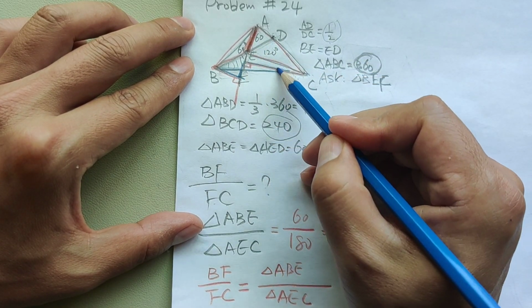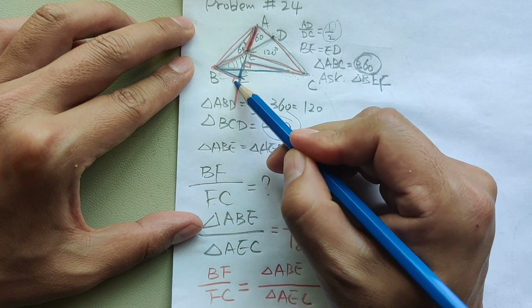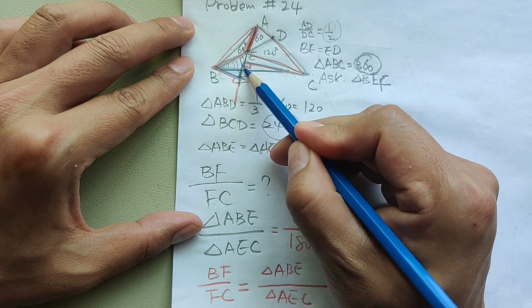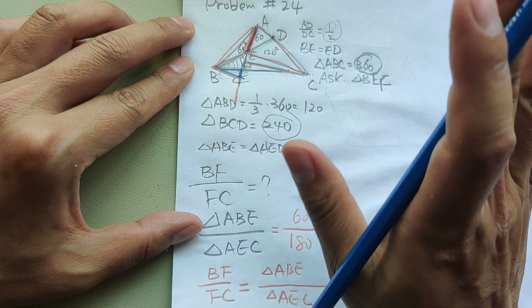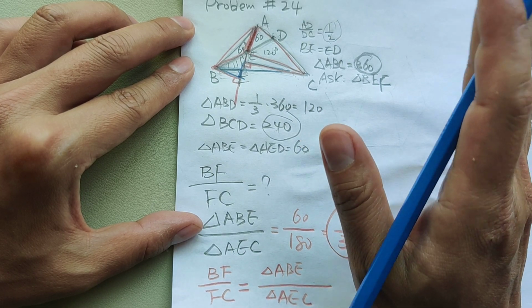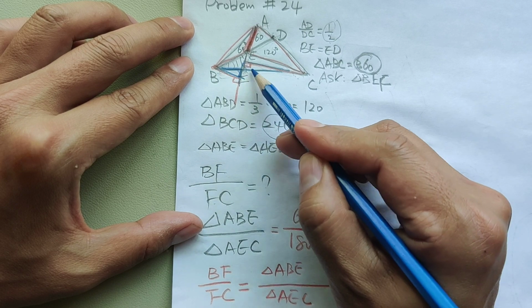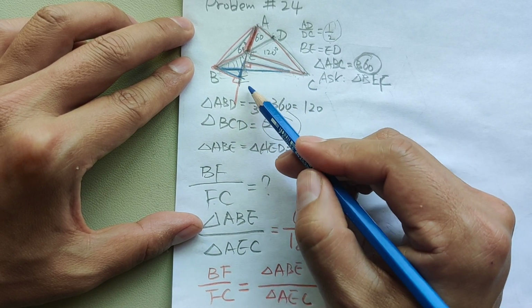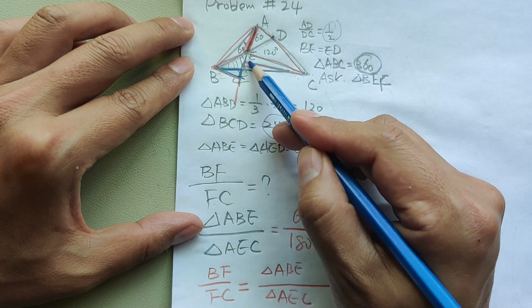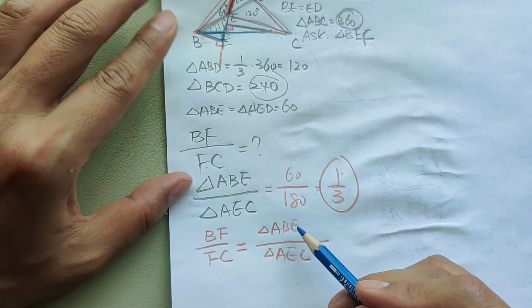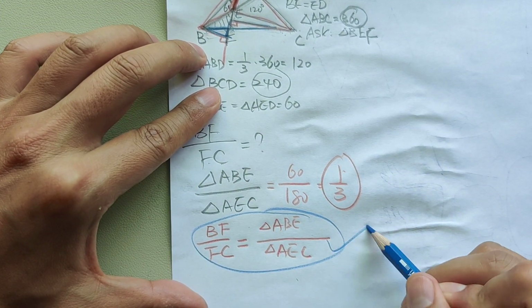Why? Because they are right triangles, and they already have one angle the same, so they are similar right triangles. That means BF to FC equals this height to this height. So this is true.